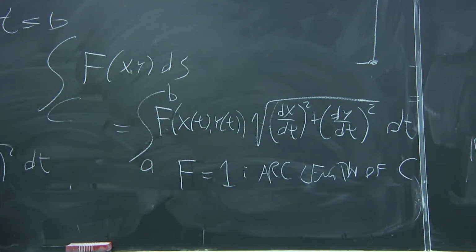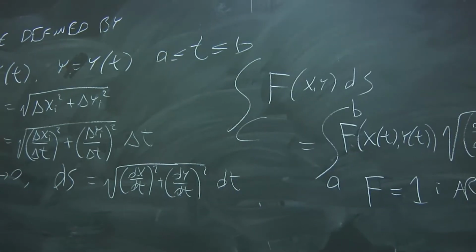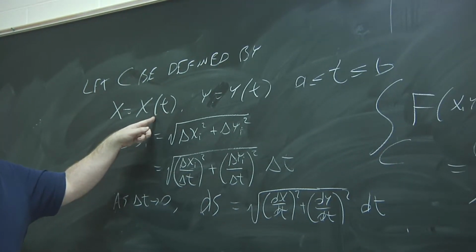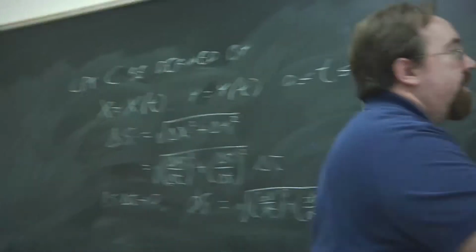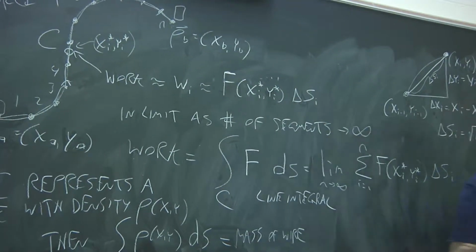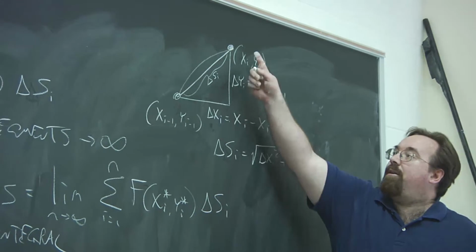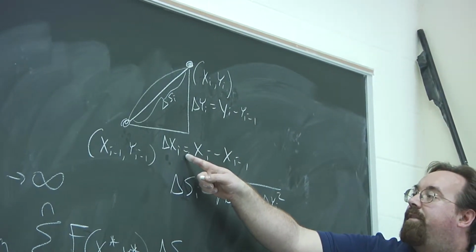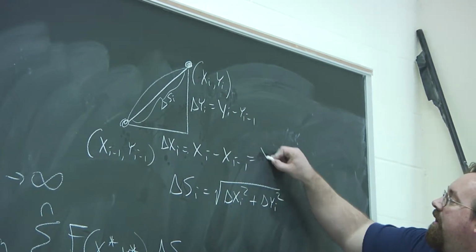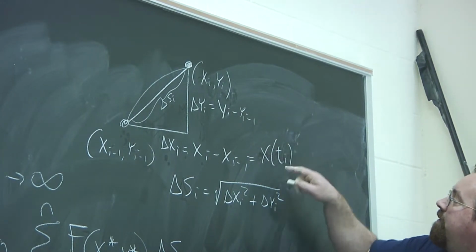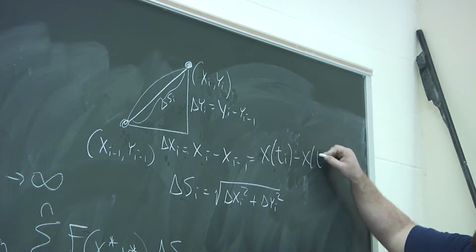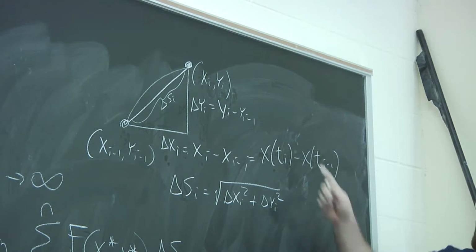Can you explain to me where the delta t came from again? So if I'm going to describe a curve using the functions of t, then going back to how I define this segment, now I can define these as the evaluation of our function x of t at consecutive time values, and the same thing for y.